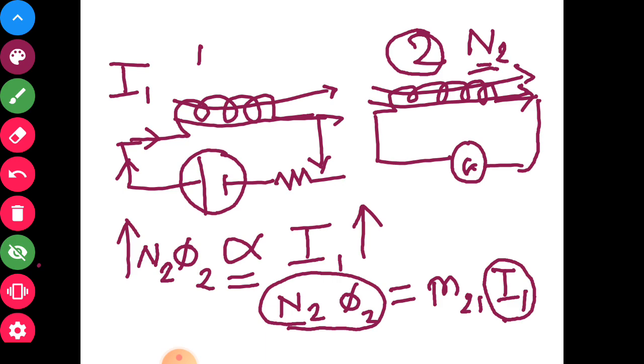So we can say the total flux in the second coil per unit current in the first coil is called the mutual inductance of the system of two coils. This is the basic understanding, and on the basis of this, further discussion is carried out.